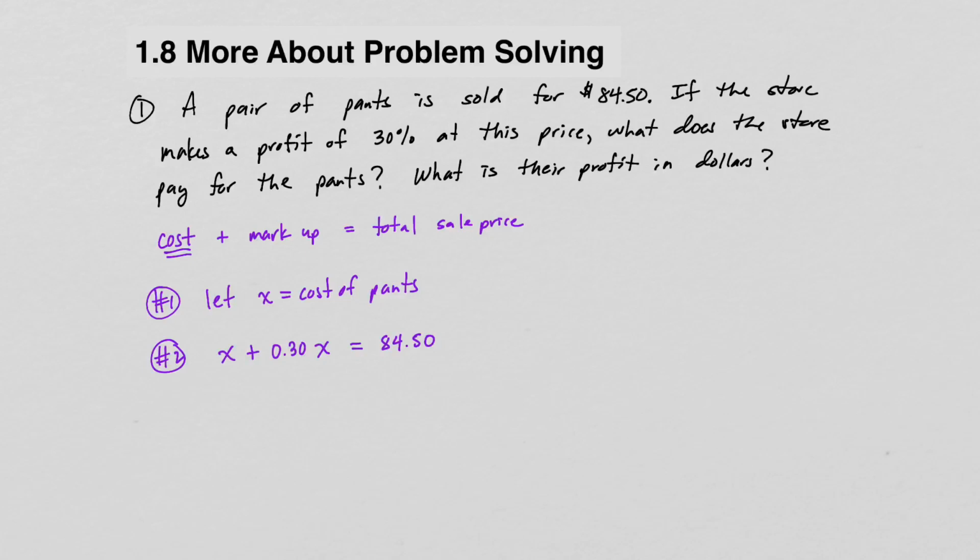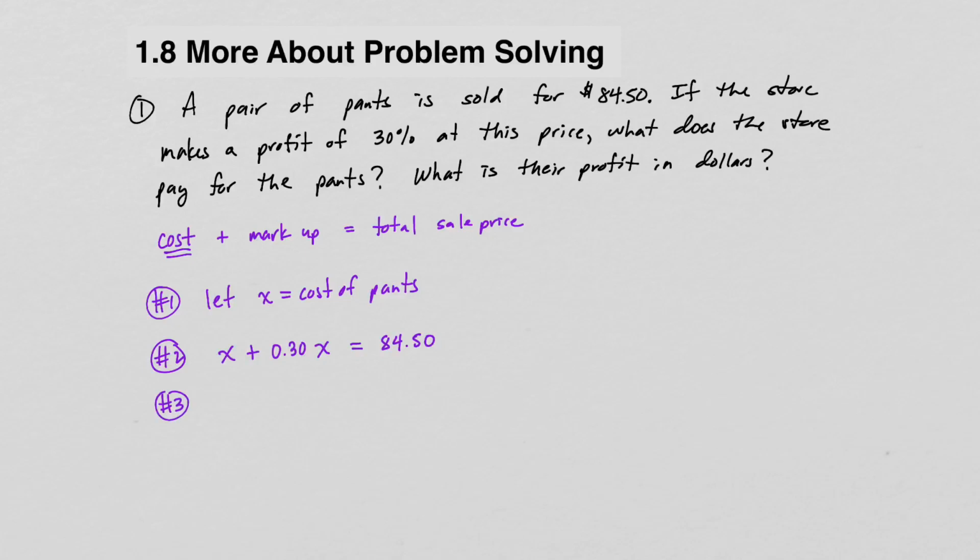So a couple of things here. First of all, remember, a percentage needs to be changed to a decimal before you can multiply it to something. And the second thing is, a percentage always needs to be multiplied to something. It's never by itself. So now all we have to do is solve this equation for x.